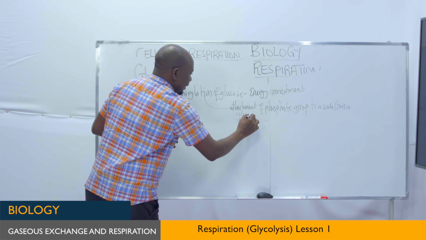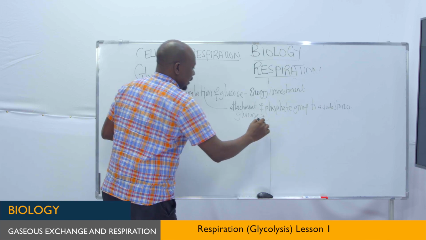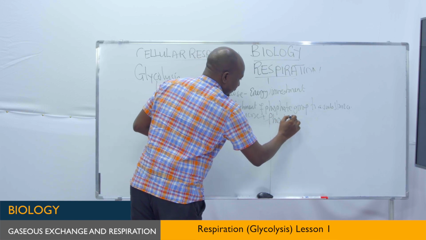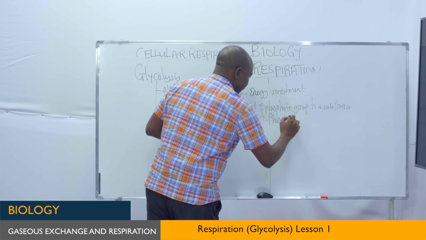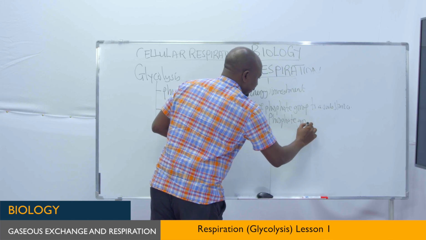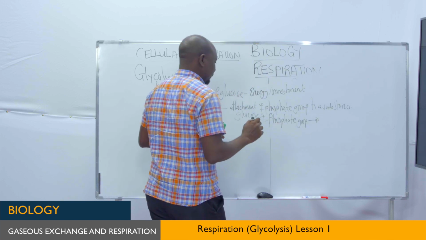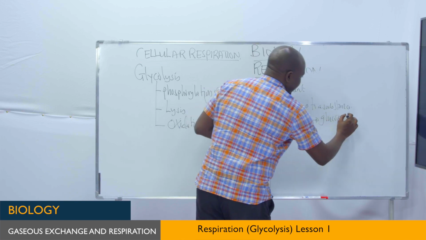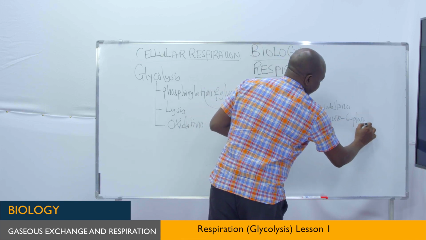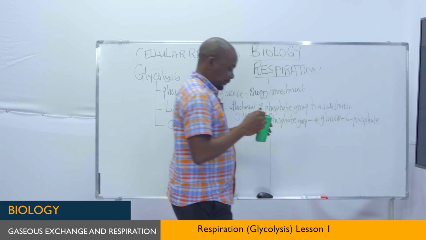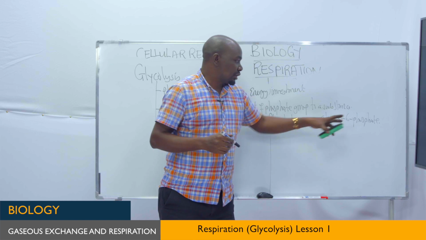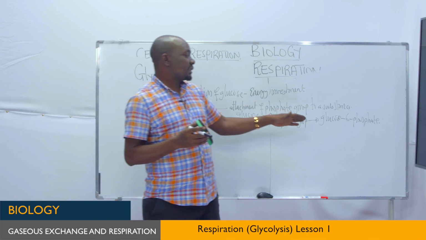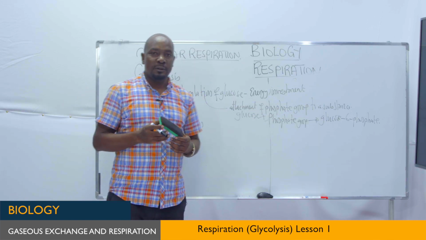So it is the attachment of a glucose molecule with a phosphate group to produce a compound known as glucose 6-phosphate. The 6 is the position of the phosphate group attachment, meaning that it is attached to the carbon number 6 of the glucose.